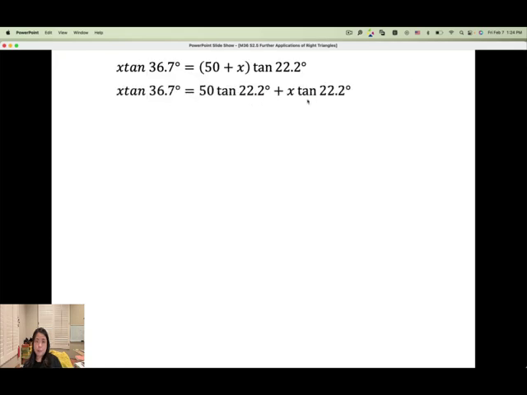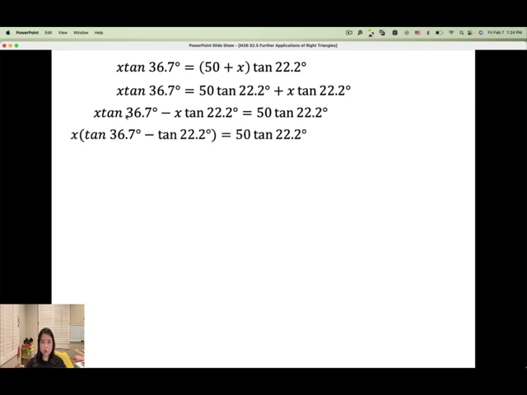Then we're going to combine the like terms, which are the x terms. So we subtract x tangent 22.2 degrees from both sides. Then we try to factor out the x. When you factor out the x, you're left with this. Then we divide both sides by the whole thing.